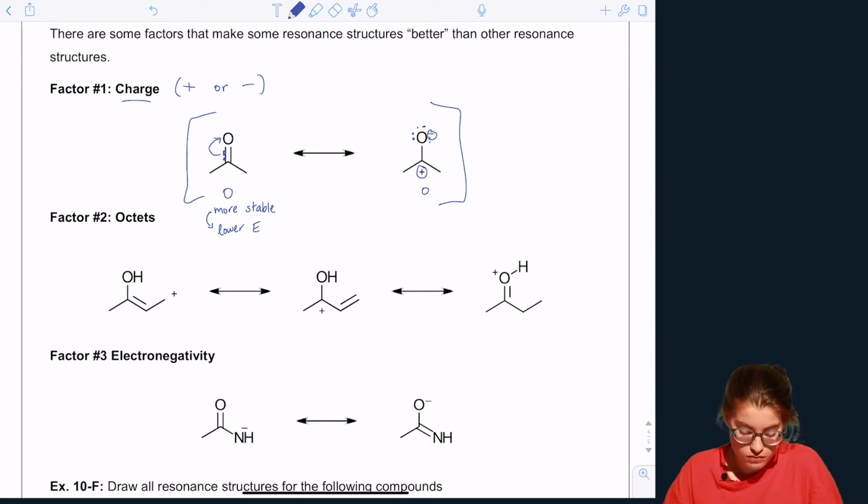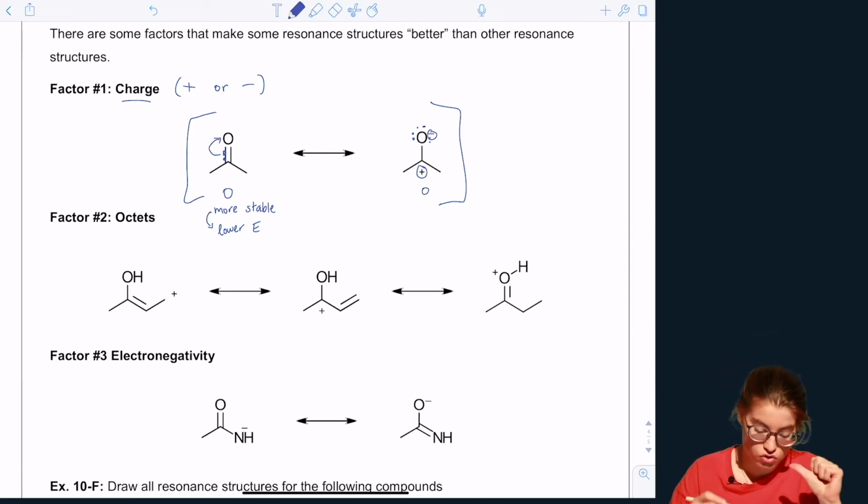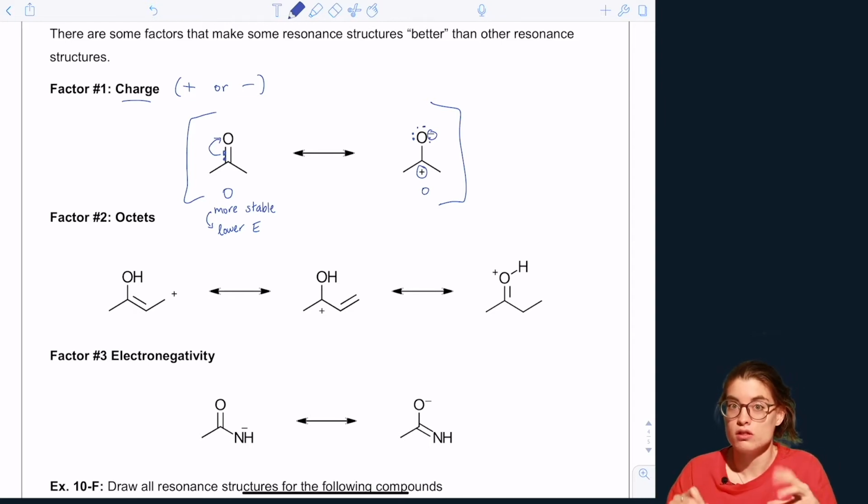When you have more than one resonance structure at different stabilities and different energy levels, you will have what's called a major contributor and a minor contributor. The more stable the resonance structure is, the more of a contributor it is to the hybrid. Remember, in the last video we said only the hybrid exists.